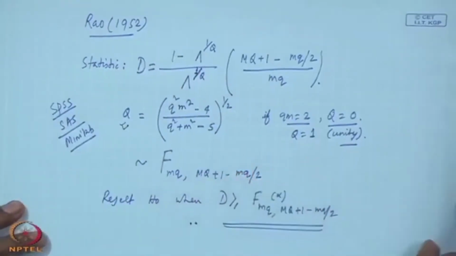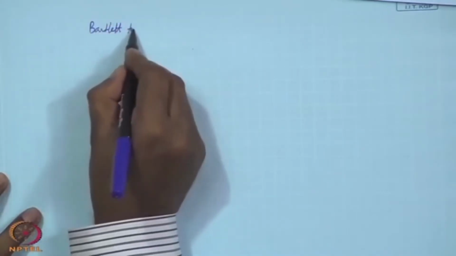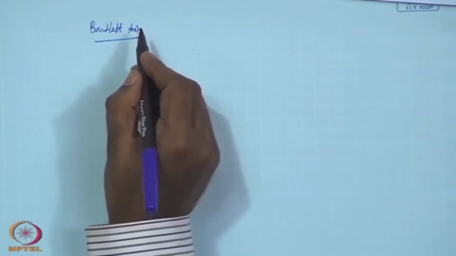Okay. Now, the question is, these tests are very sensitive. For example, Bartlett's test, you say that chi-square distribution is followed, but under what condition?